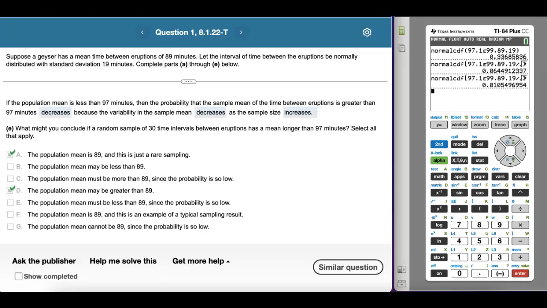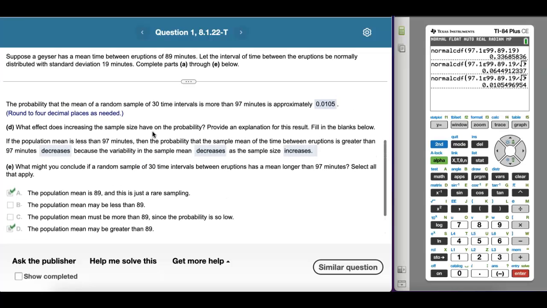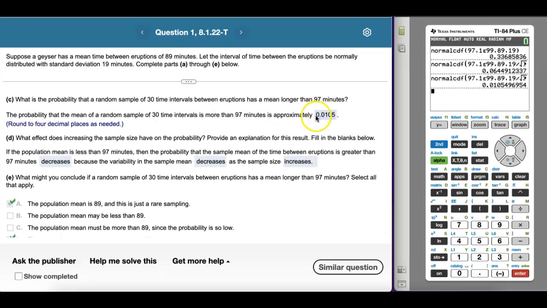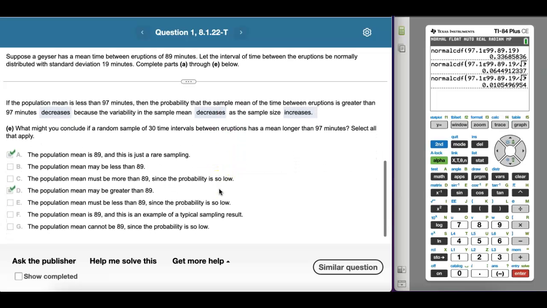In the last part of this problem, we're asked to interpret the results of that probability we obtained with the sample size of 30. So I'm just going to scroll back up real quick. Remember, that was a very low probability, about 1%, 0.01. So what does that mean?